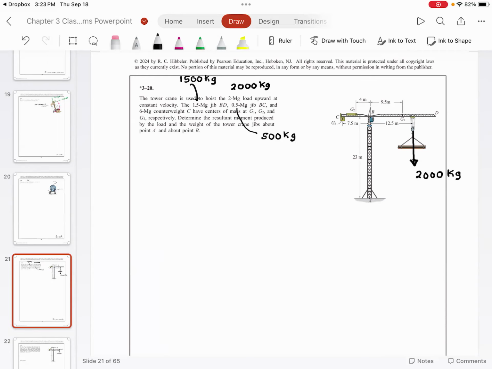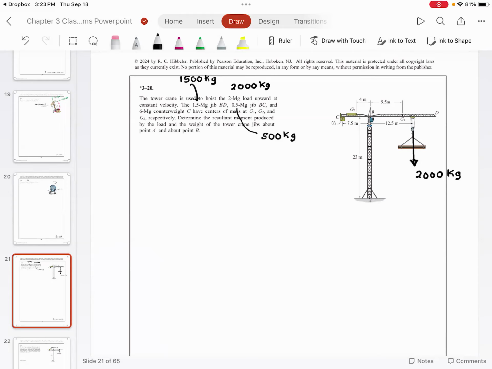Again, I want you to remember there is a concept called the centroid. Centroid means what? Imagine this is an object, this is a beam. Its mass or weight is distributed.